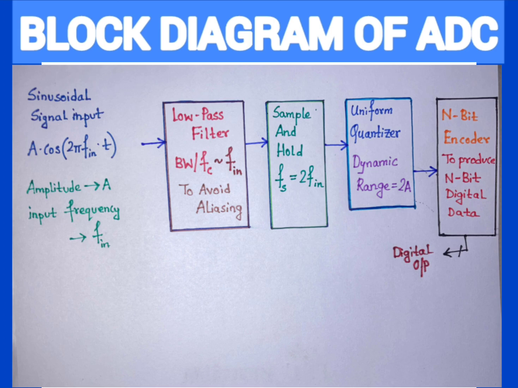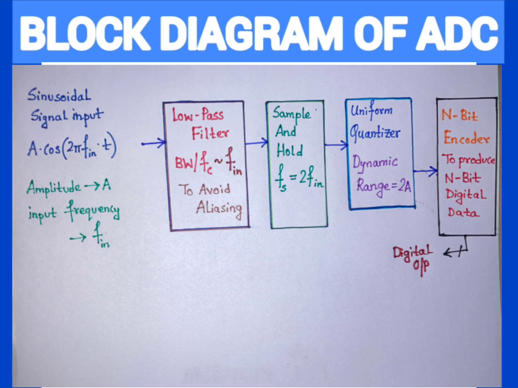To avoid aliasing, first we need a low pass filter so that we can eliminate the unnecessary high frequency components and only the necessary frequency components stay in the signal. Also, when we are sampling, which we will discuss in the next section, the sampling should happen in such a way that there is no overlapping, or no aliasing.